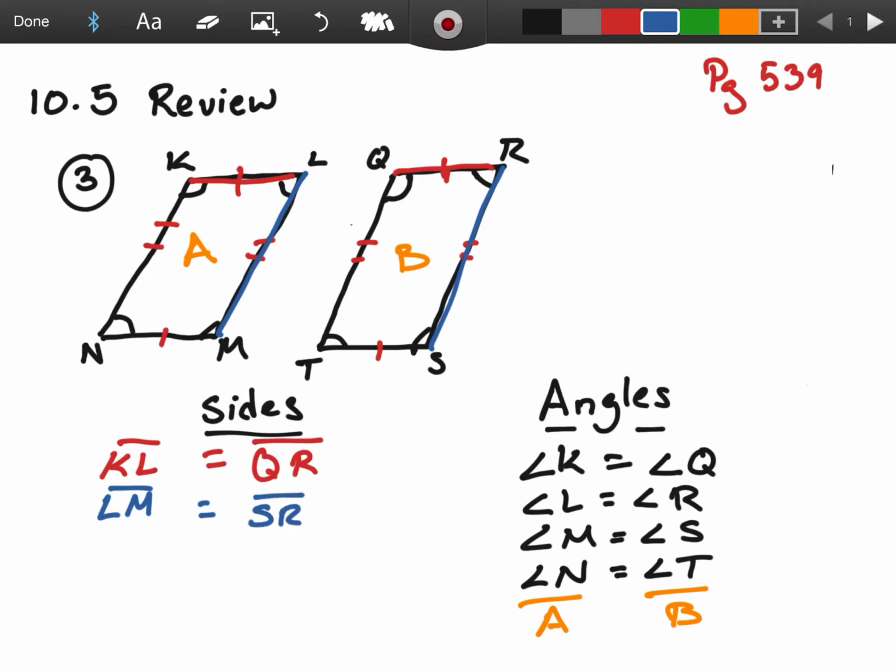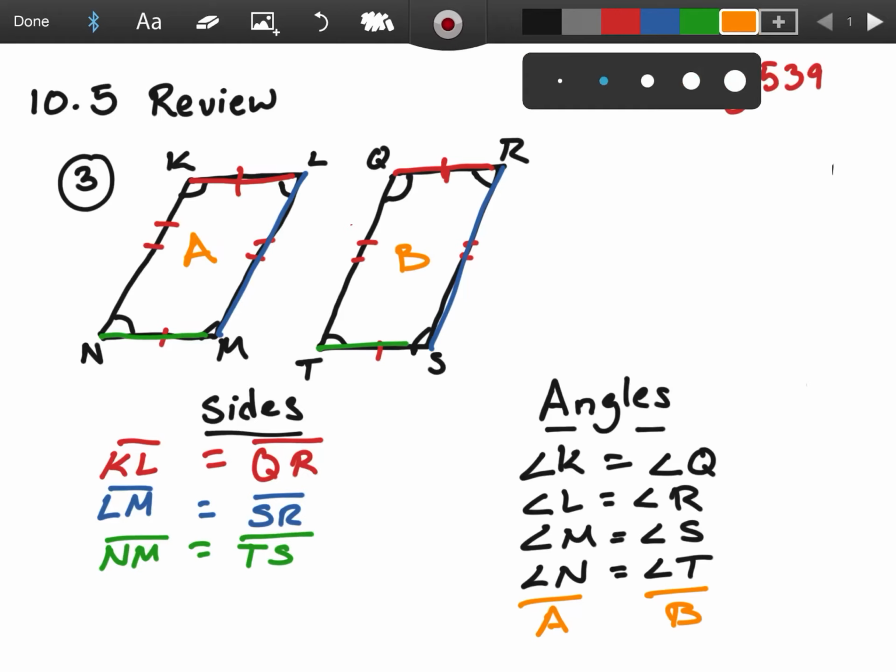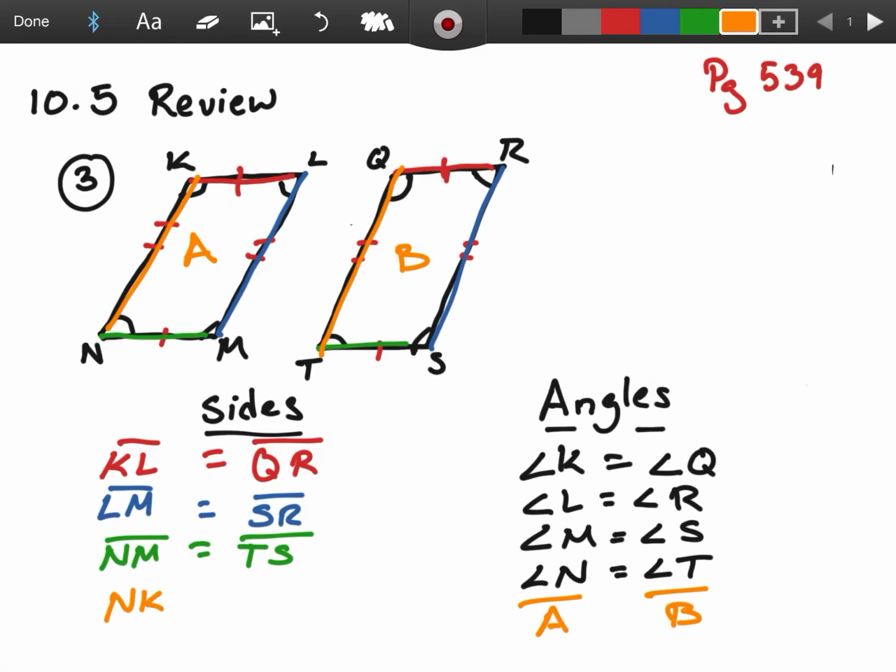There we go. Then we have side NM and side TS. I'll make those green. NM, TS. And then lastly we have side NK and then TQ.